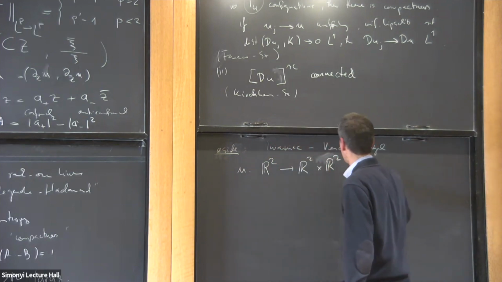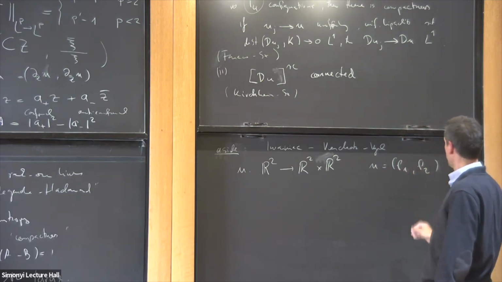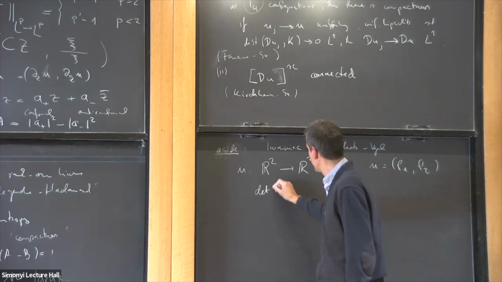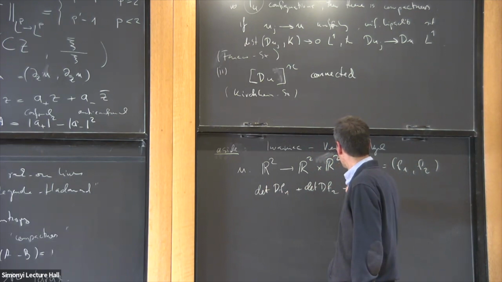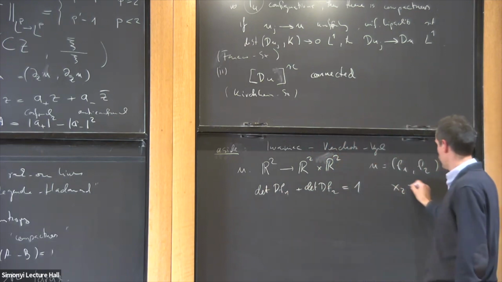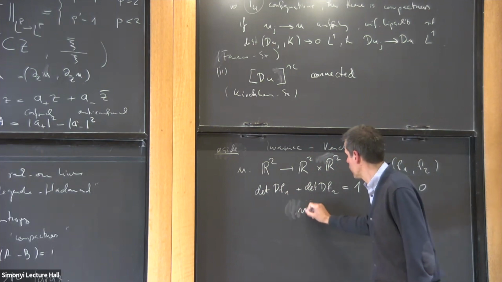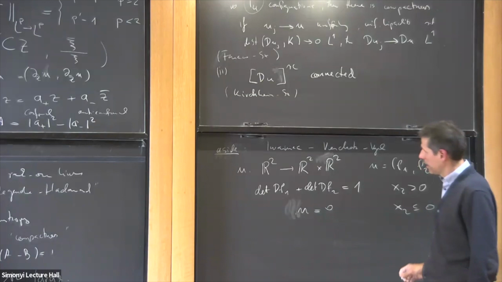Write it like this. So U has two components, F1 and F2, both mapping into R2, such that the determinant of dF1 plus determinant of dF2 equals 1 if x2 is in the upper half plane and u is equal to 0 if x2 is less than or equal to 0.